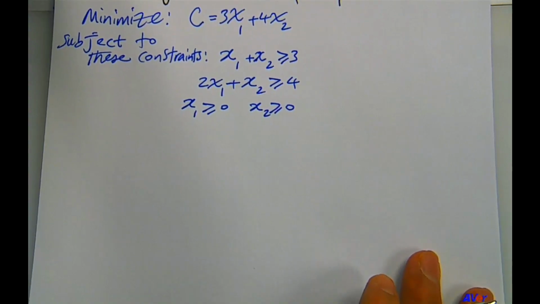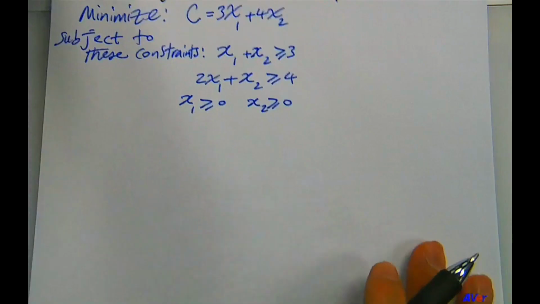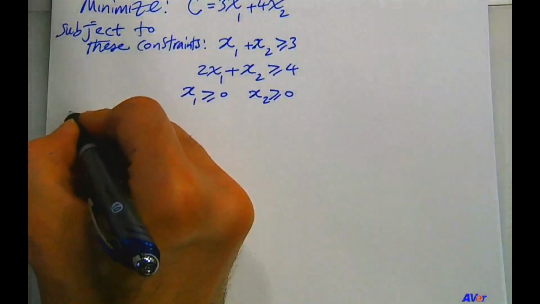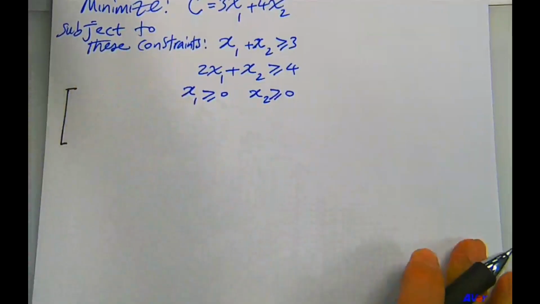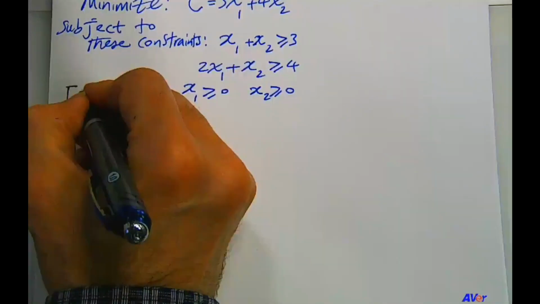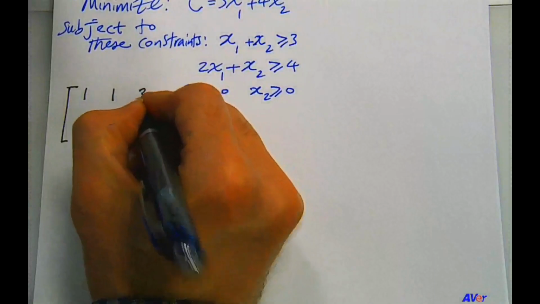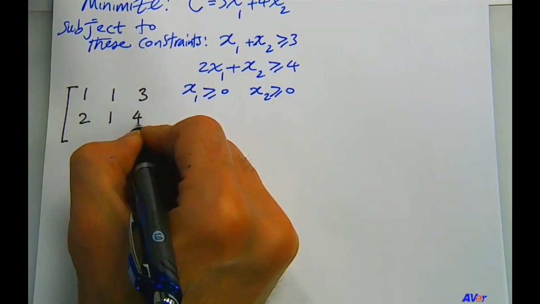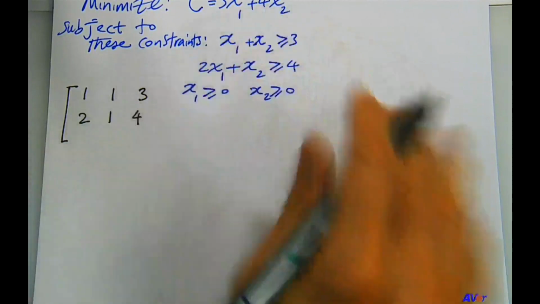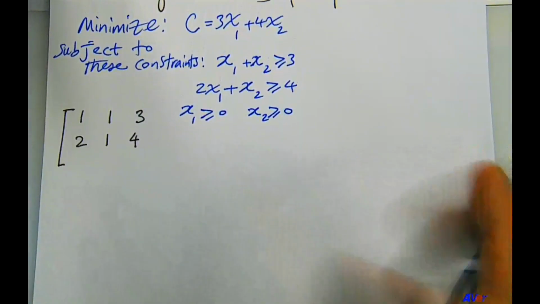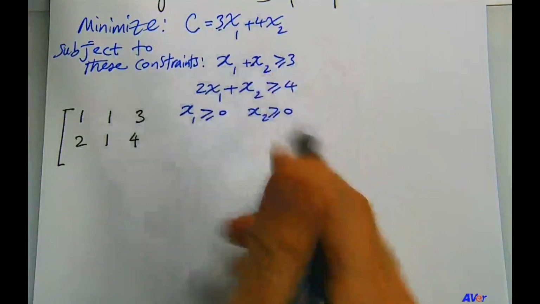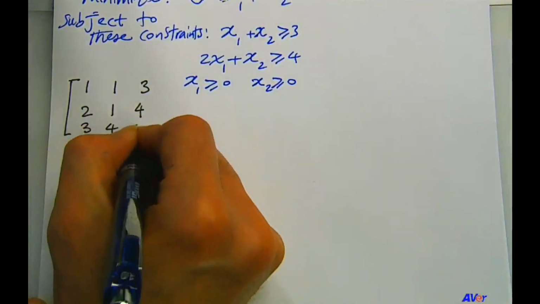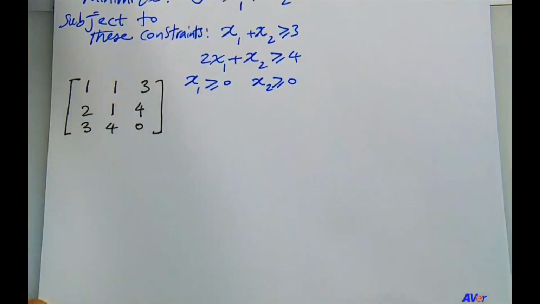All right. So first I'm going to write down the matrix of the original coefficients, which is this. We would have 1, 1, 3. It would be then 2, 1, 4. And then we'll have the objective function coefficients, which are 3, 4, and 0.